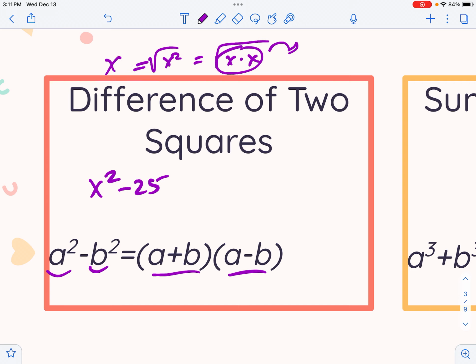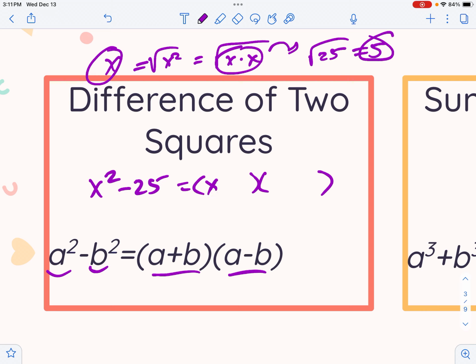The square root of x squared is just x, and the square root of 25 is just 5. We know that, so they're both perfect squares. So you take the square root of them, I got 5 and I got x. That's what's going to make up my factors when I do difference of perfect squares. So it's x and x, and the square root of 25 is 5 and 5.